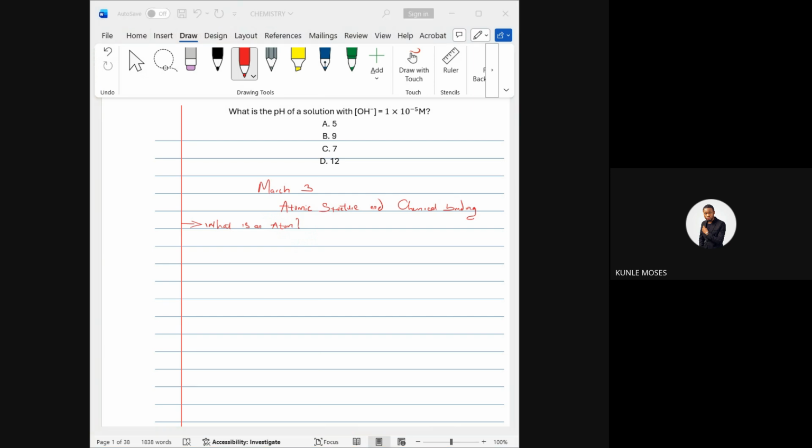Next, the next thing you need to consider is what is the structure of an atom. Like I said, atom is the smallest particle of an element. They won't ask you for the definition. Not at all. So let's quickly check the structure of an atom.